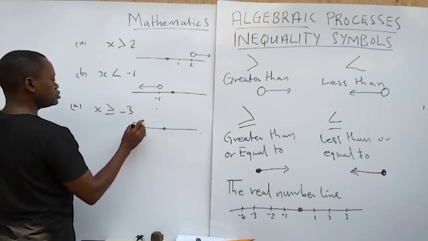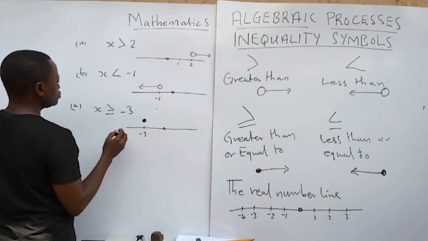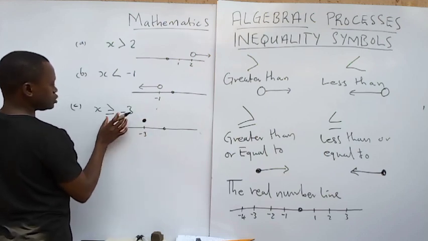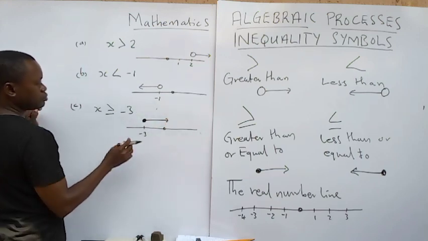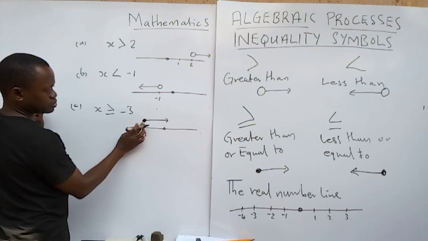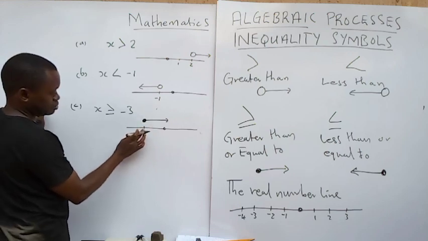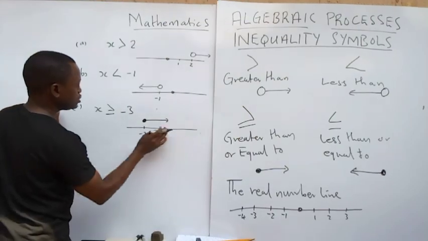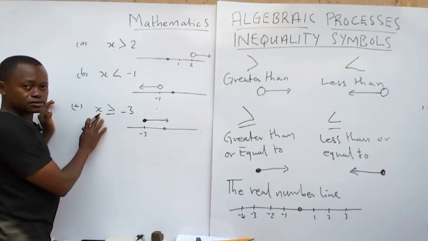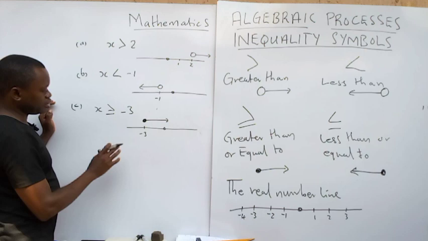Then I will use an arrow that has a shaded base to point the direction where the solution lies, like this. Now, what is the meaning of this shaded base? The meaning is that this minus 3 is inclusive in the solution set of x. I'm sure that is very clear.